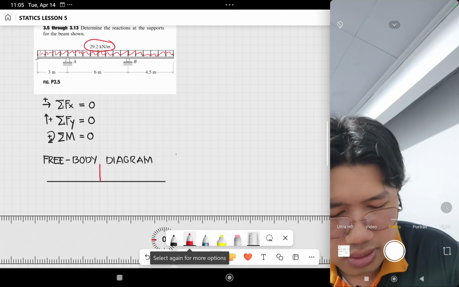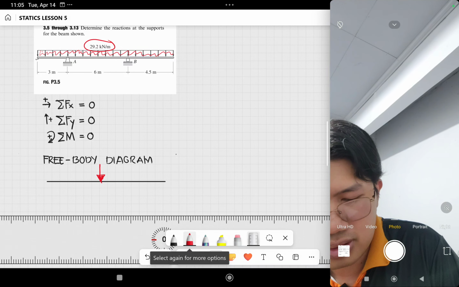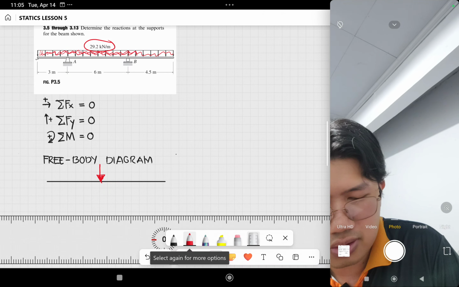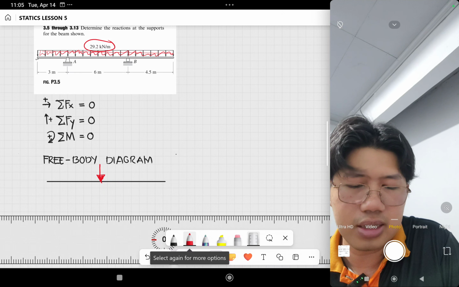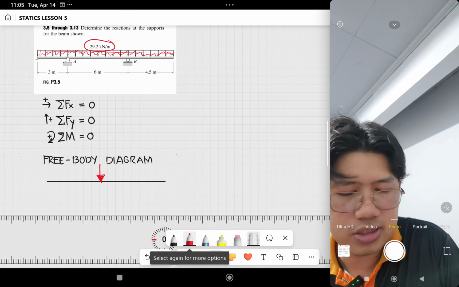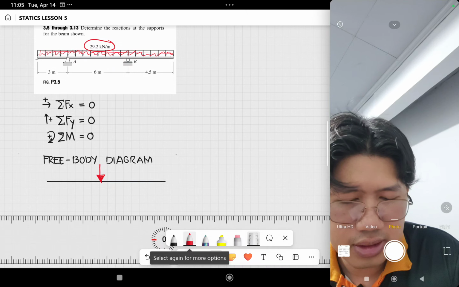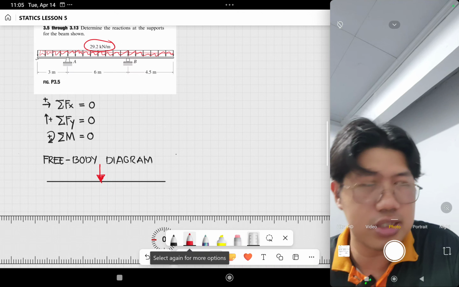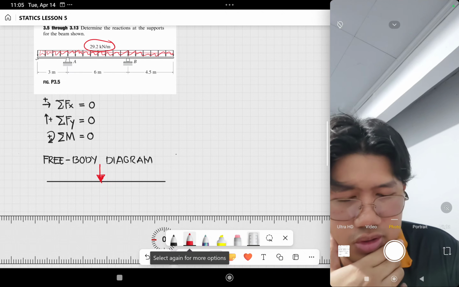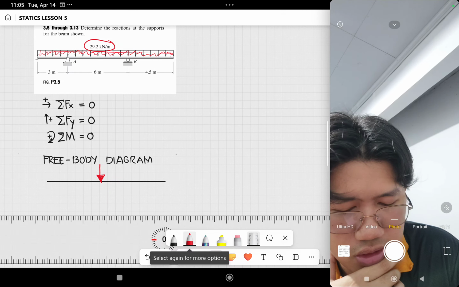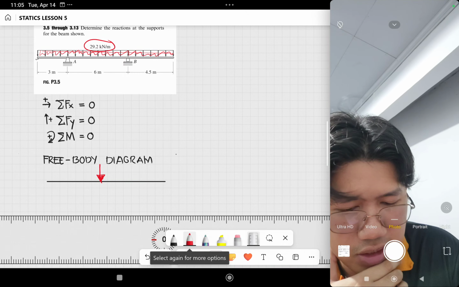Okay. So, lagi mapepwesto yung resultant or equivalent resultant force ng ating uniformly distributed sa gitna. Sa gitna ng distribution, hindi sa gitna ng body. So, we get the area of that.